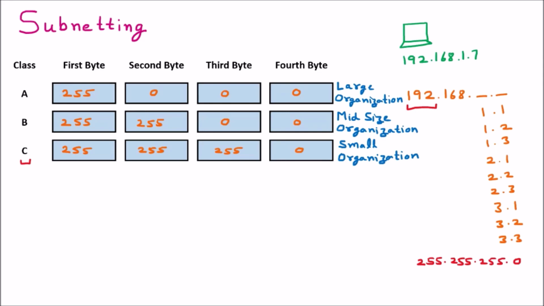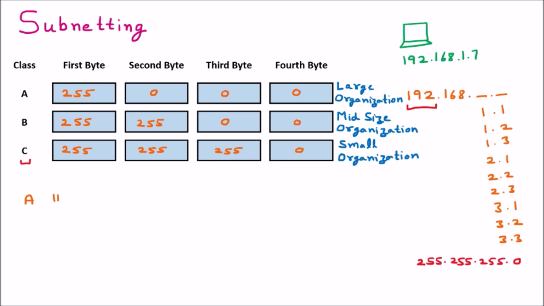Now, how does that come? Actually, we are going to set the first bits or the first byte to ones, and all remaining will be 0. So if we talk about the class A, the first 8 bits we are going to take as 1.